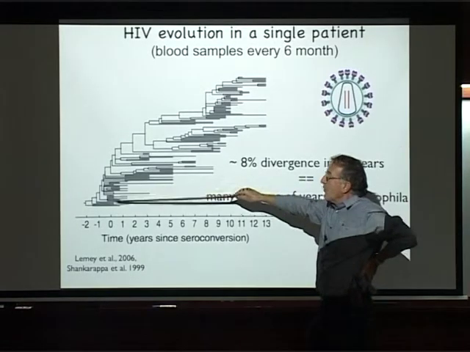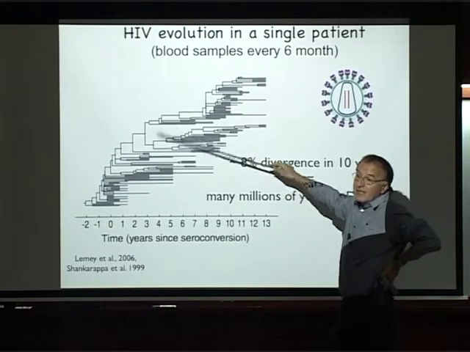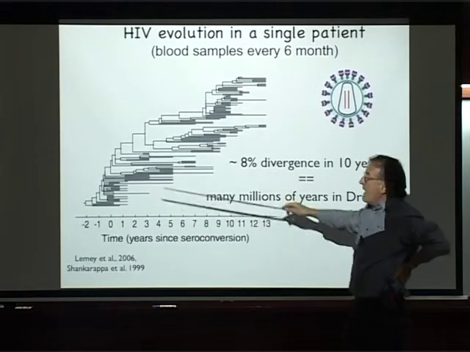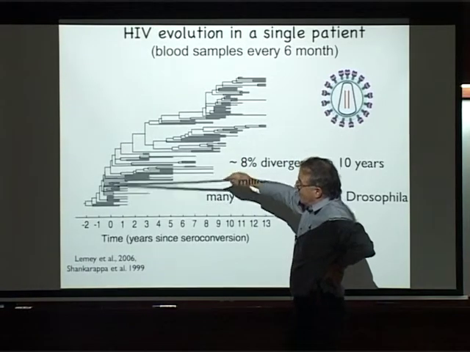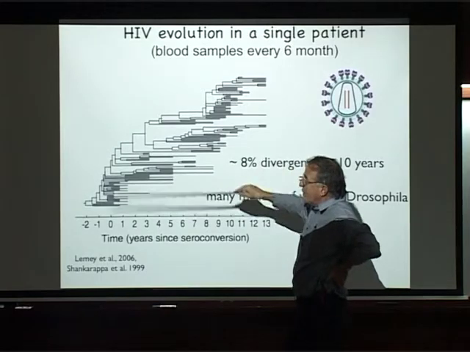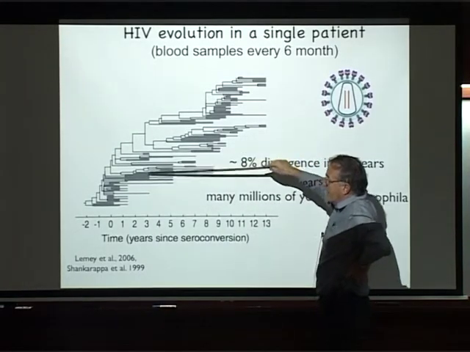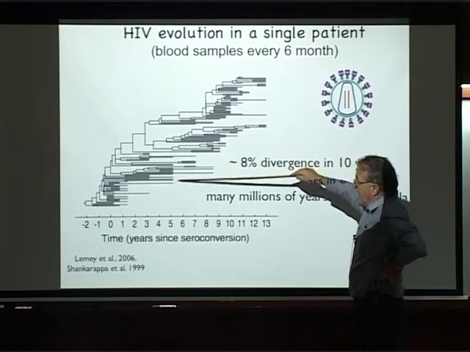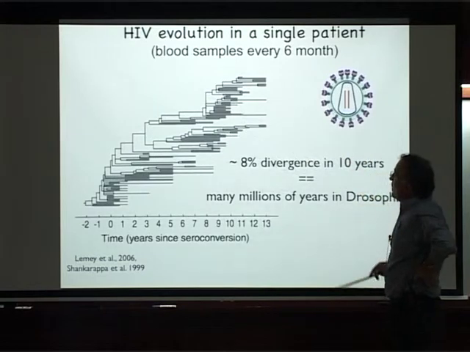We see the full dynamics of evolution. We actually see the evolutionary history. And one observes that there was a great deal of diversification early on, and then some of the strains survived, and many died off, and so on and so forth.